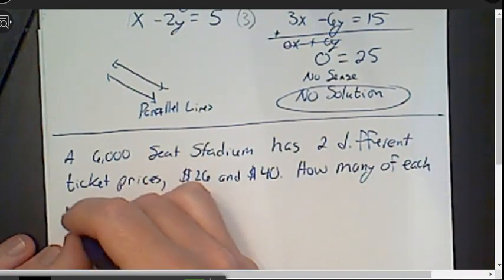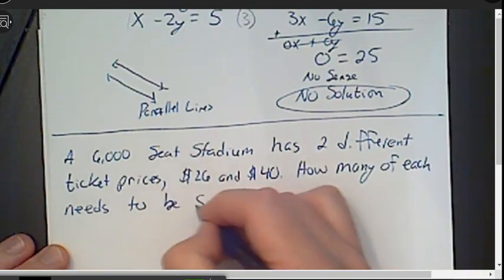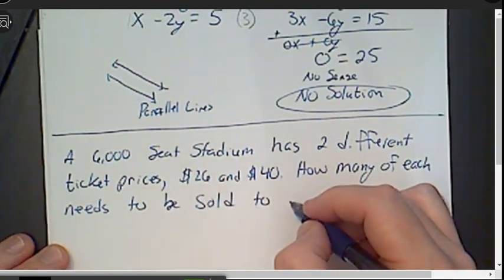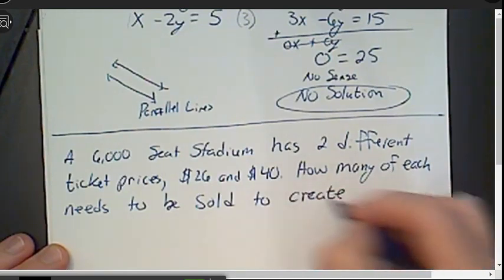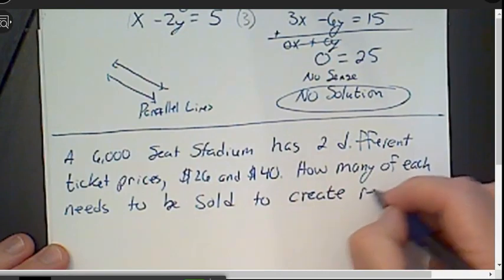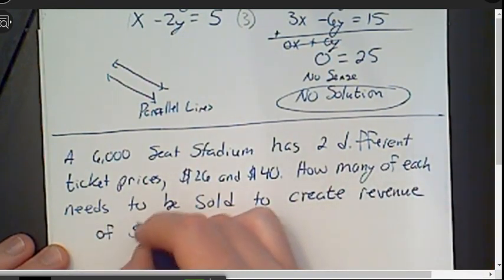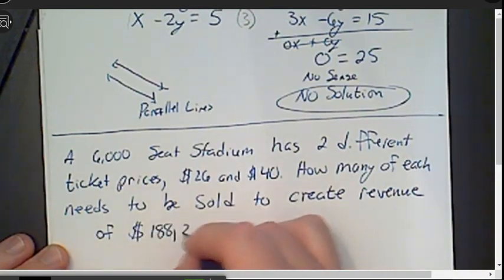How many of each needs to be sold to create revenue of $188,200?